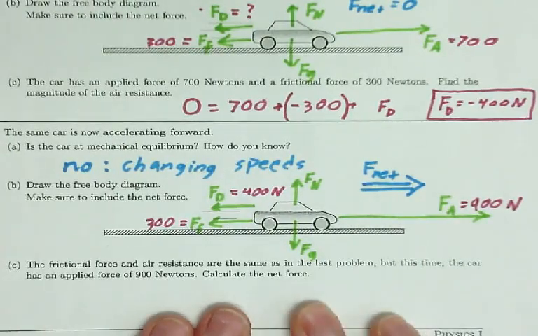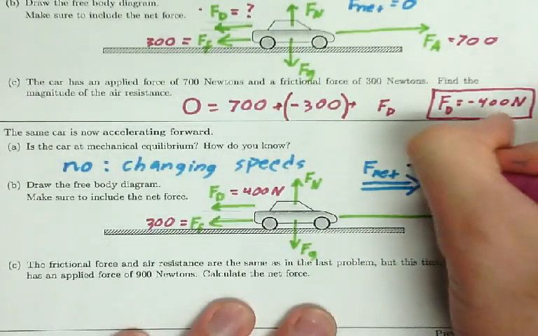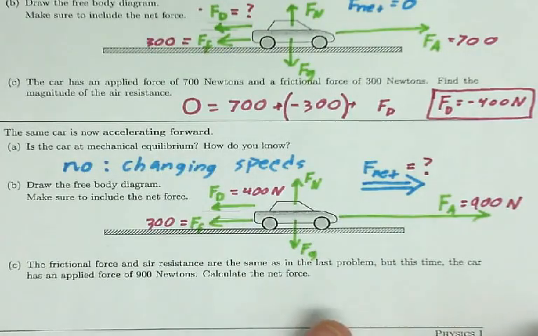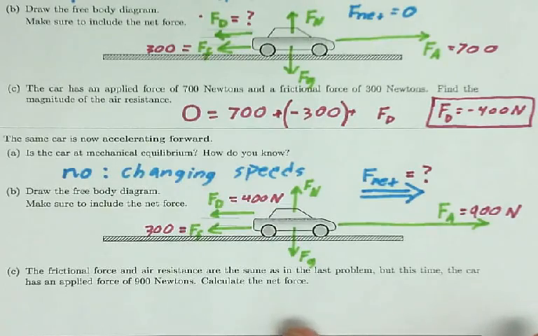I want to know what the net force is. This is different than what we've done. We're solving for net force. In all these other problems, the net force was 0. This time you're solving for net force. Take a minute, see if you can figure out what the net force is here.